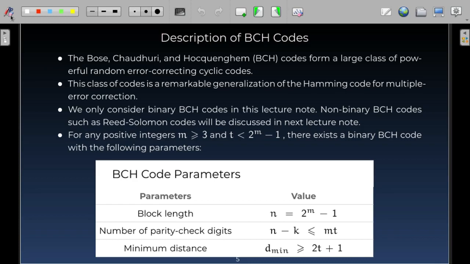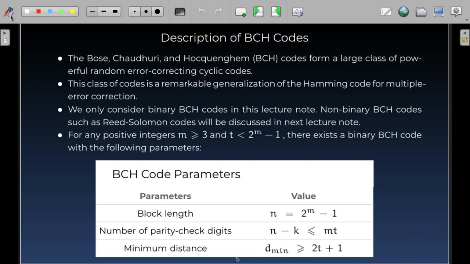Now the description of the BCH code. For any positive integer m greater than or equal to 3 and t less than 2 to the power m minus 1, there exists a binary BCH code with the following parameters. The very first parameter is block length n equal to 2 to the power m minus 1.